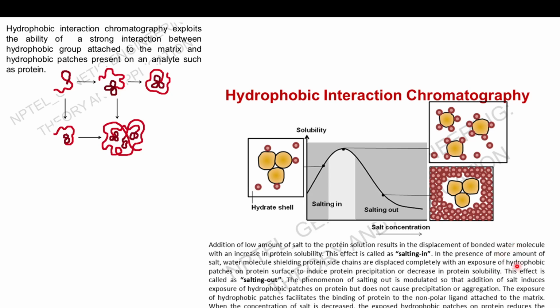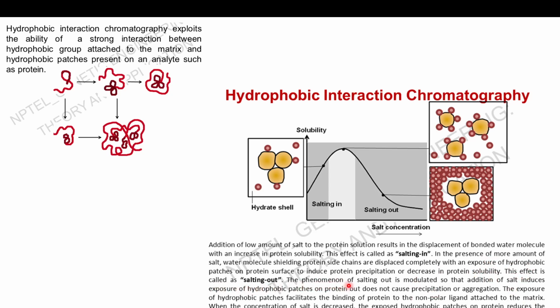Now, when there is more salt present, the water molecules which shield the protein side chains are displaced, removed completely, and the hydrophobic patches are exposed on the protein surface, which leads to protein precipitation because the well-folded structure is getting denatured. This results in a decrease in protein solubility. So, more salt is leading to the salting out effect.